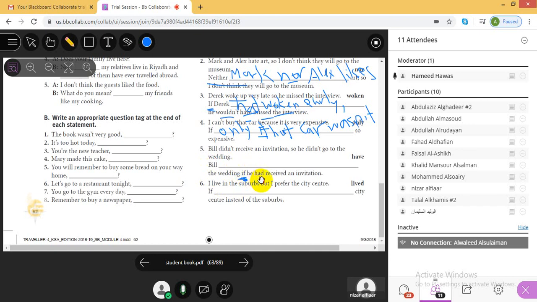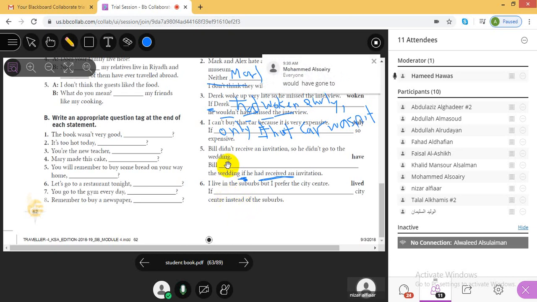After if here we have had plus verb 3. In the result you will use would have and verb 3. Bill space the wedding if he had received an invitation. The situation is that he didn't go because he didn't receive an invitation. I will imagine that if he had received an invitation, he what?